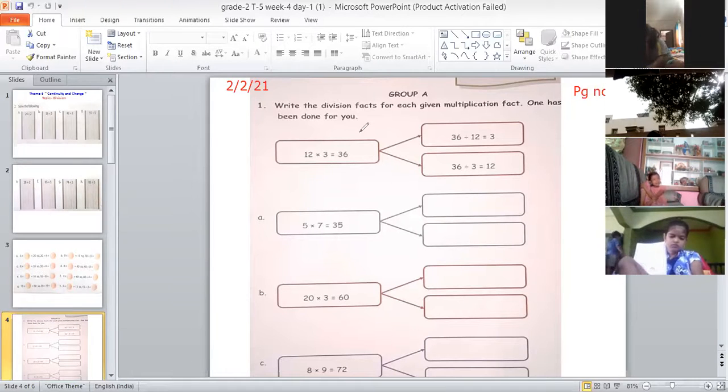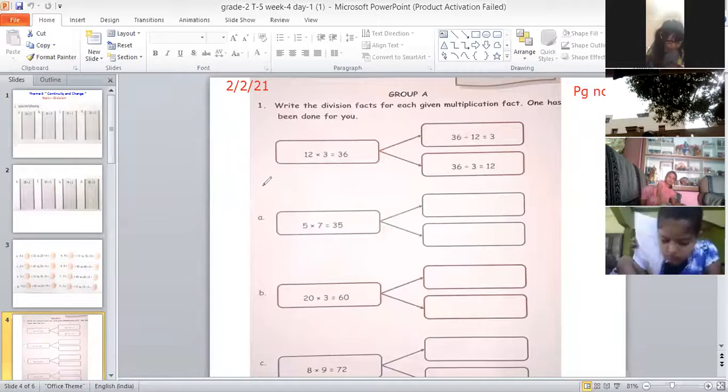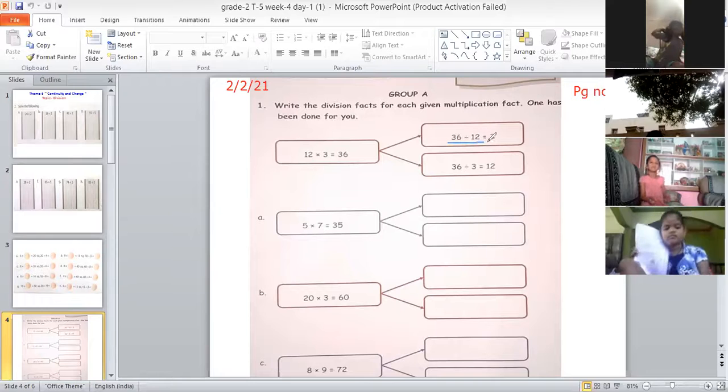Is it 36 multiplied by 12? No, ma'am. Is it equal? Equal. Yeah. Devansh, I want you to read this one. You can read from your book also if it is not clear on your screen. What is this? 36... divide. Yes, this is the division symbol.